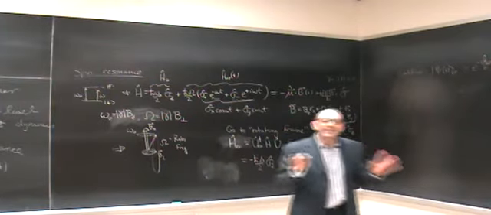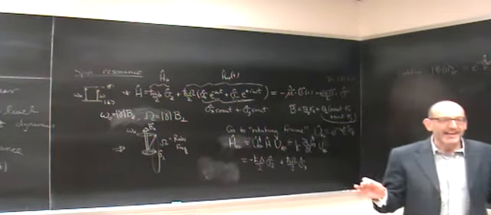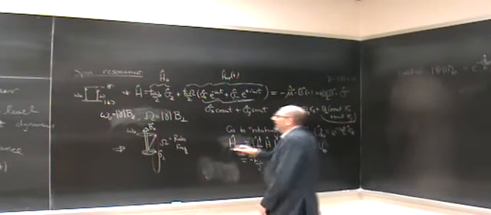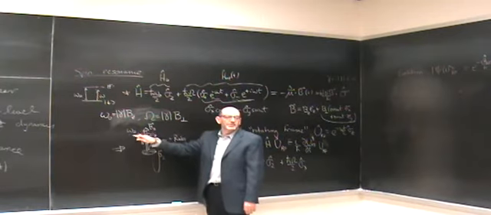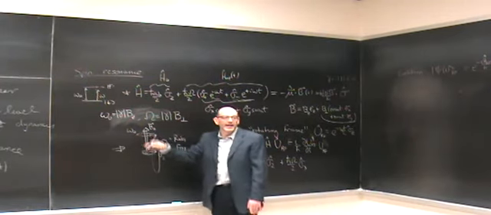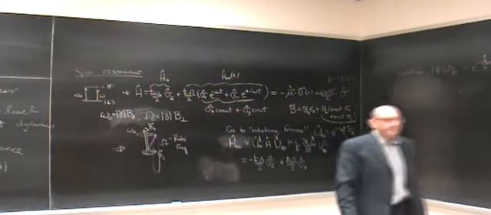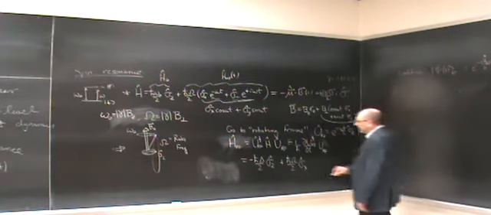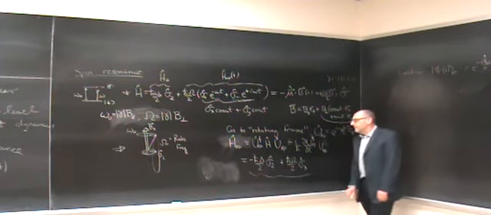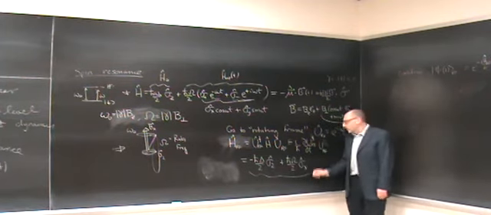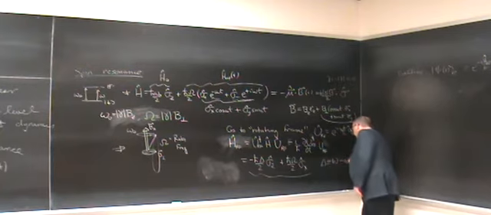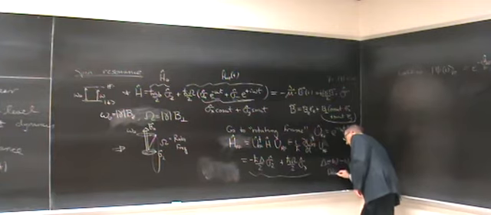It's not quite the interaction picture, but it's like it. In the interaction picture, you go into a frame that is rotating at the dynamics of the free evolution, which would be omega naught. But it's in a similar spirit. And in the rotating frame, the effective Hamiltonian we found looked like this, where delta is the difference between the drive and the resonance frequency. It's known as the detuning.